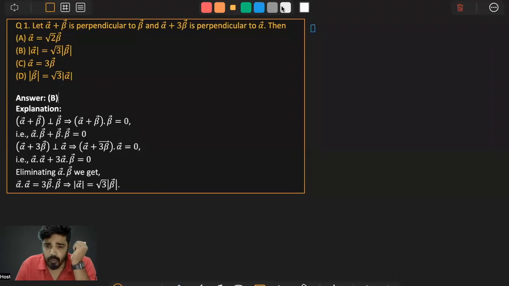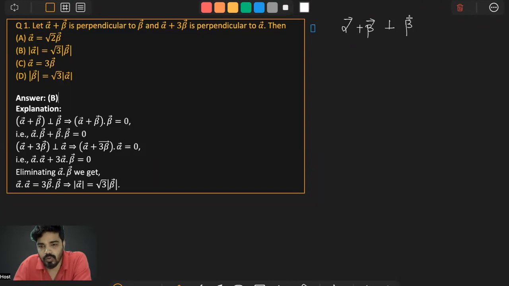First problem is given that alpha plus beta is perpendicular to beta, okay?